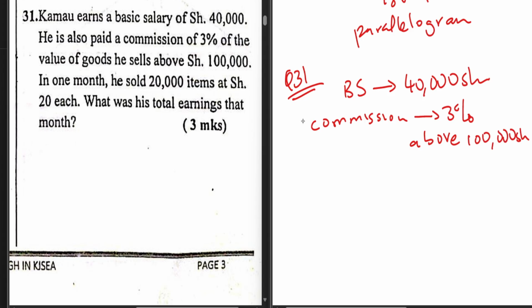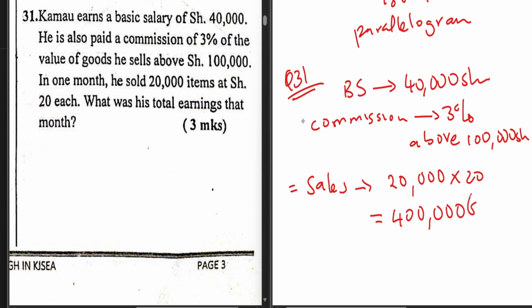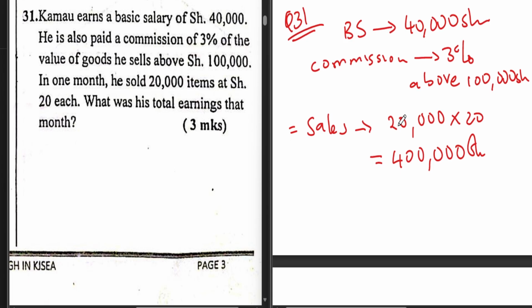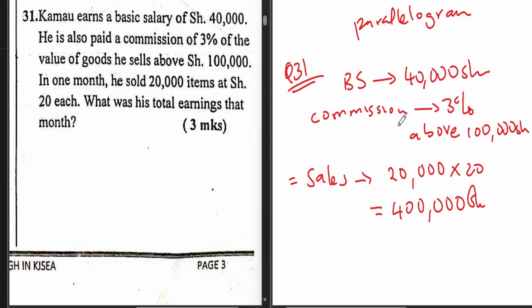In 1 month, he sold 20,000 items at 20 shillings each. Now let's say the sales in that month. So it's 20,000 times 20, so the guy is going to get at least 400,000 in sales. And he gets 3% above 100,000.